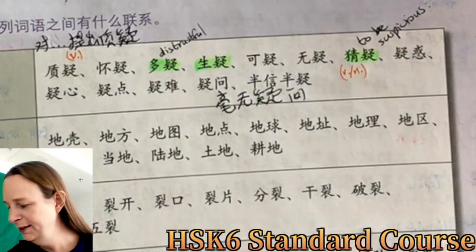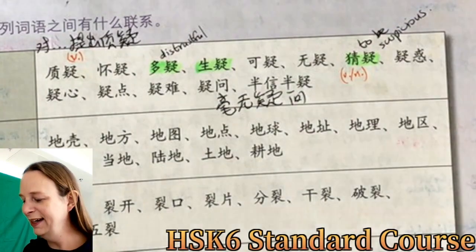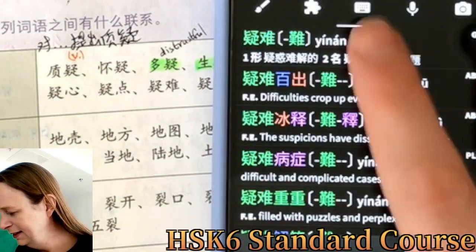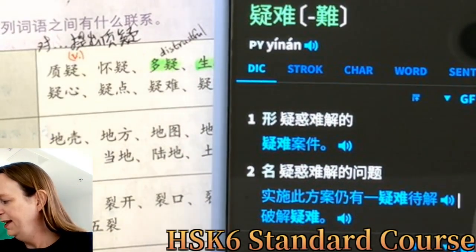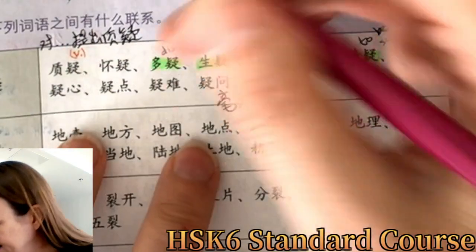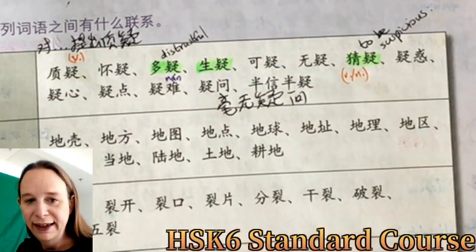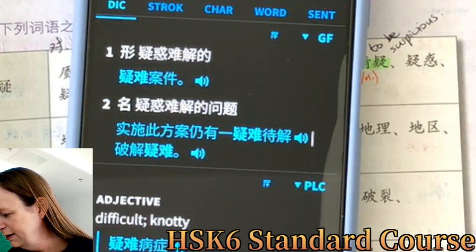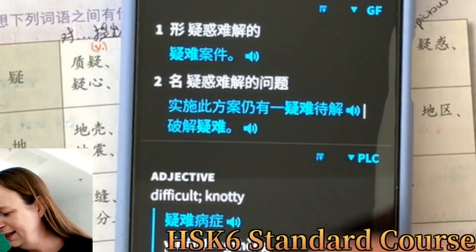Yeah, all right, next. So this one I don't know, 疑难. What do you reckon it is? 疑难. Nan, it is second tone. 疑难案件. So it's 棘手. It's another 棘手.